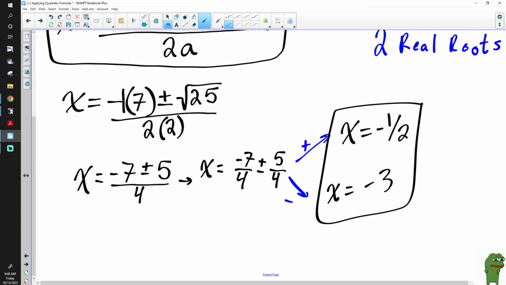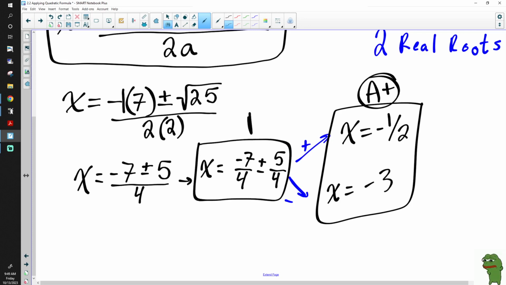And I'm going to tell you right now, this right here, this gets you an A+ on the quiz. If you only make it to here, you're going to get a B. The only difference is a little bit of calculator work.